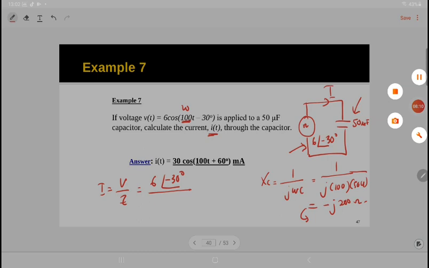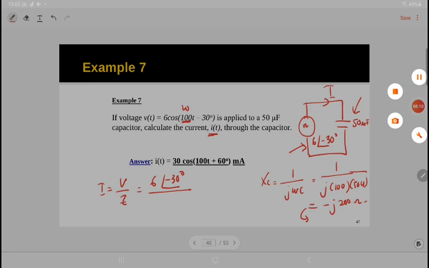And then we also have admittance. Admittance is represented by Y. Admittance is similar to conductance. We know that in DC analysis, R is equal to 1 over G, where G is your conductance.